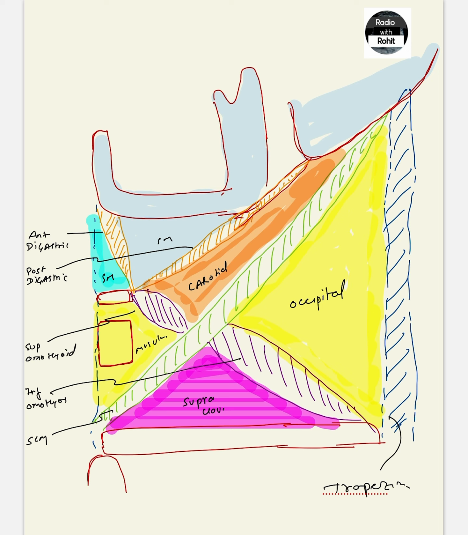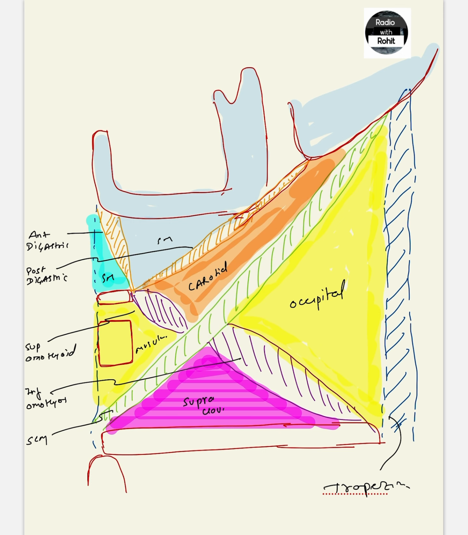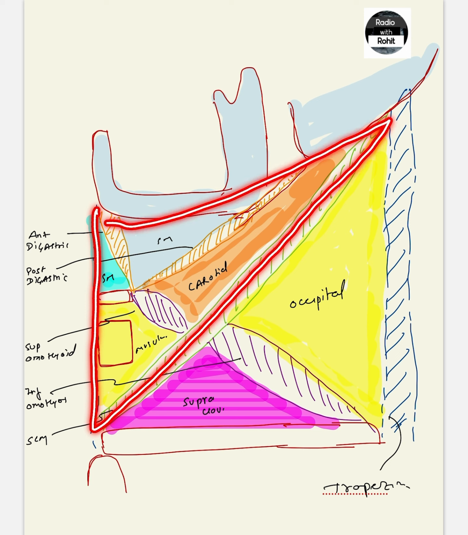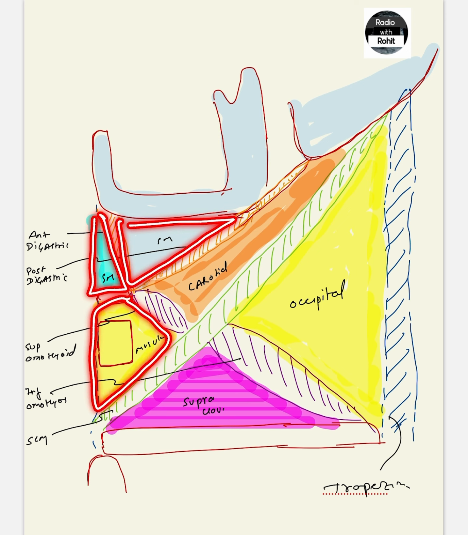The triangle or space between the posterior belly of the digastric and the superior and medial part of the sternocleidomastoid, lined here by the muscle fold, is termed the carotid space. So this complete space is called the anterior triangle of the neck. The anterior triangle of the neck has one submental space, submandibular space, muscular space, and one carotid space.